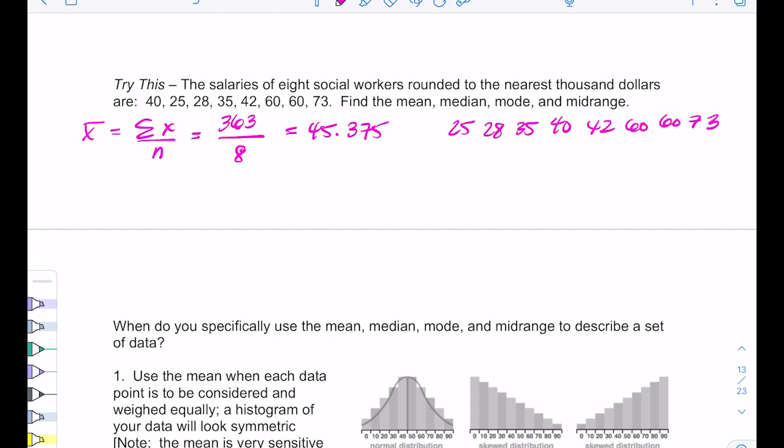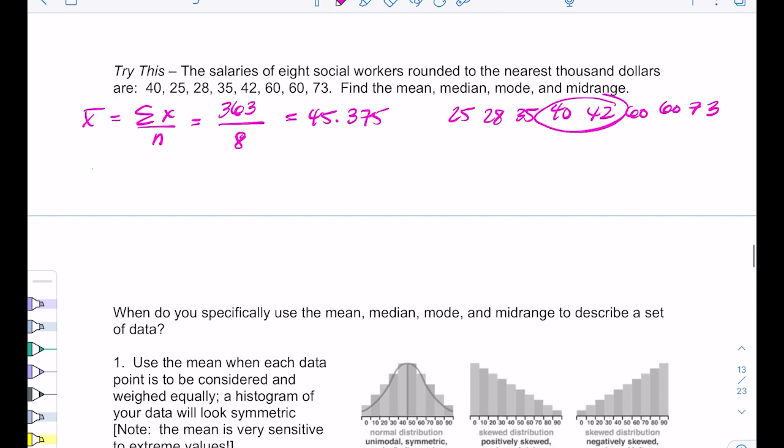And if I find the middle, you're going to see there's 2 numbers in the middle. So remember, in order to find the median, if there's 2 numbers, I have to add and divide by 2. So 40 plus 42 is 82, and then 82 divided by 2 is 41. So my median is 41.